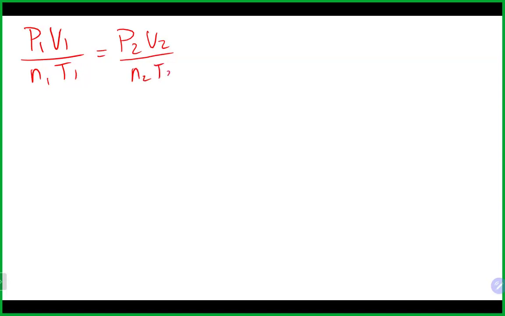If we take a look at the combined gas law as P1, V1, and we'll leave the n in there, n1 and T1 is equal to P2, V2, n2, and T2. When we come across a problem and we have constant moles and temperature, or there's no mention of moles or temperature, all you have to do is scratch those out. And now I have Boyle's law.